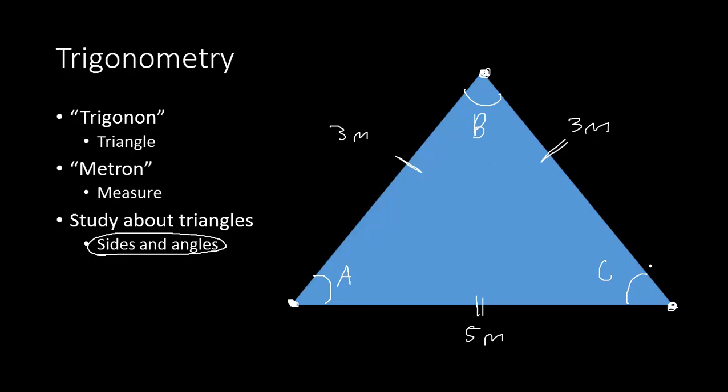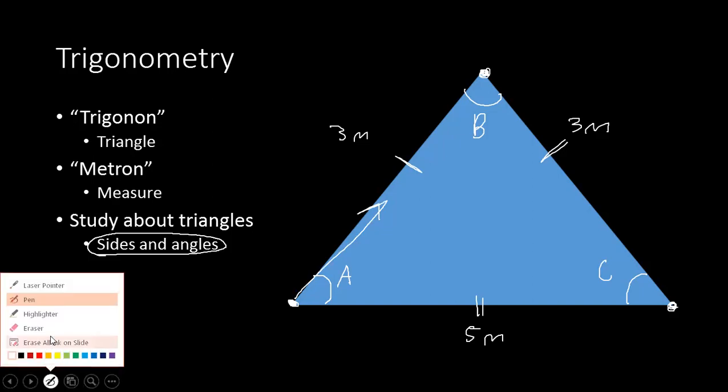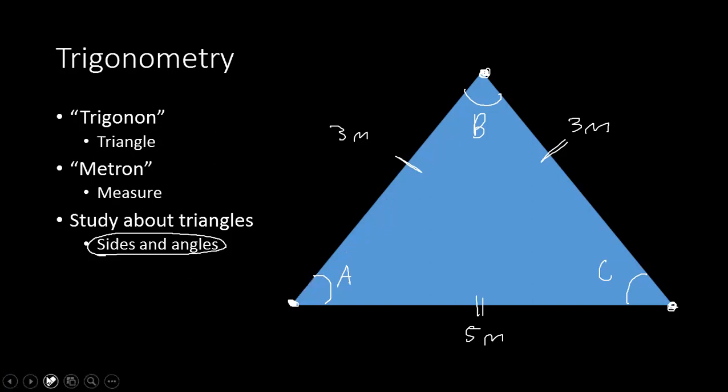These angles tell how far apart the two lines are, despite the fact that they intersect at one point. For example, at angle A, we have two lines. Wait, let me use a different pen color for you to get my idea. So we have these two lines, this one and this one.